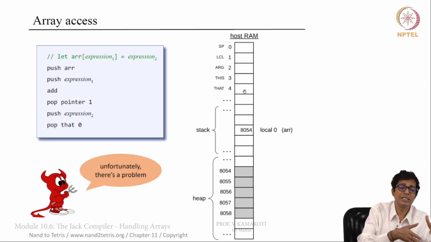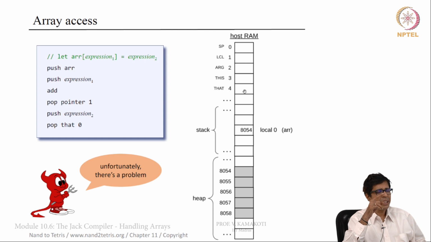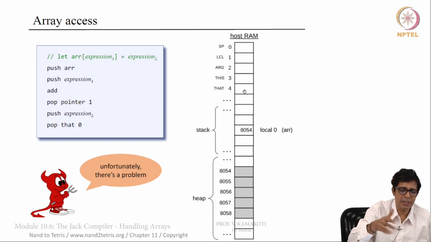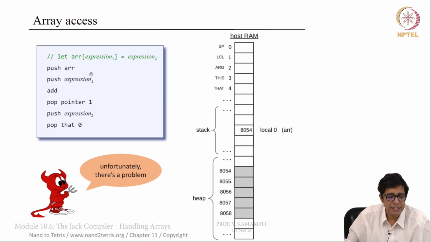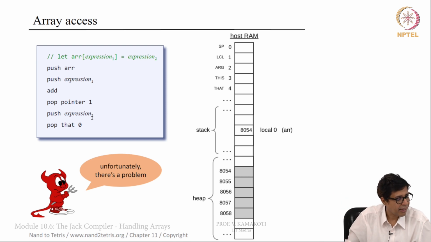Expression 2 itself can be another array expression. For example, let A of 10 be equal to C of 15. Now that C of 15 will go and touch that. So this particular code will not work correctly if expression 2 touches that.